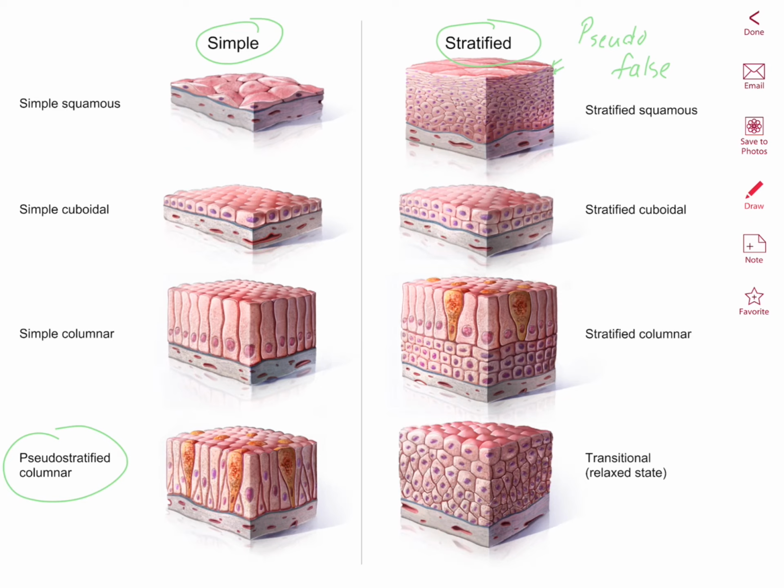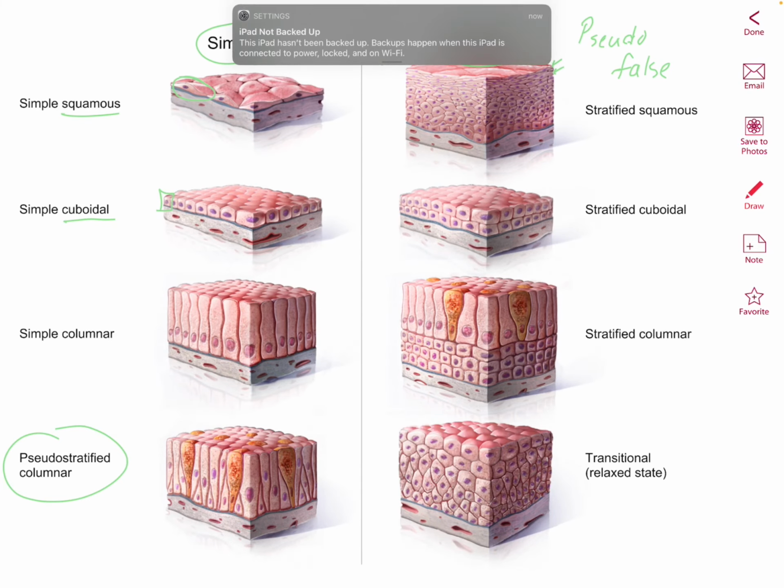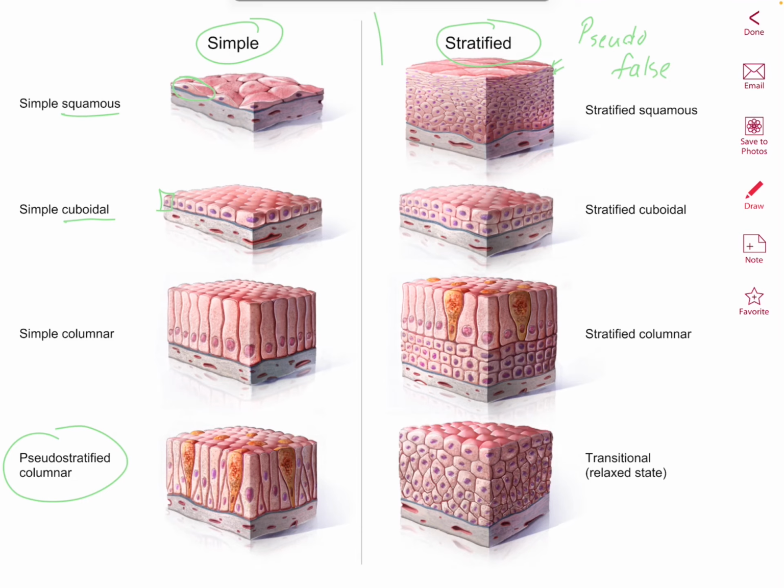The second thing to classify epithelial tissues, like I said, is the cell shape, and that's going to be based on if it's a squamous type of tissue, like you can see here. This type of cell is squamous, which means that it's flat. There is the cuboidal, which means that it looks like a square, and there is a columnar, which looks like a column.